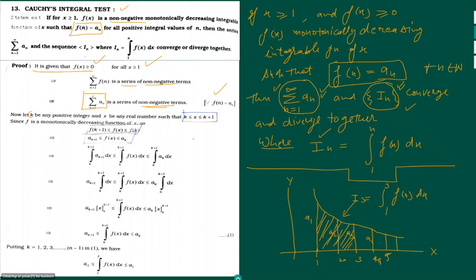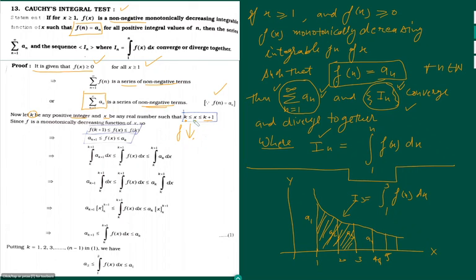Let k be any positive integer, and let x be any number between k and k plus 1. Then f(k+1) is less than or equal to f(x) is less than or equal to f(k), because f is monotonically decreasing.